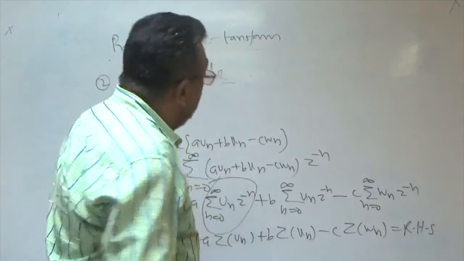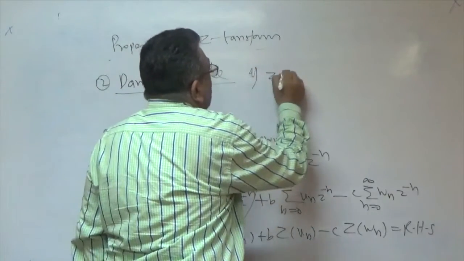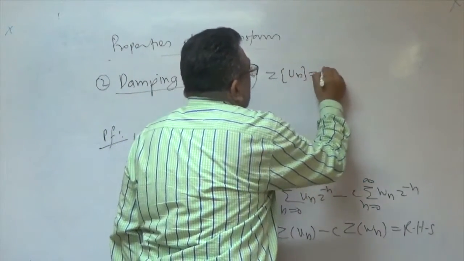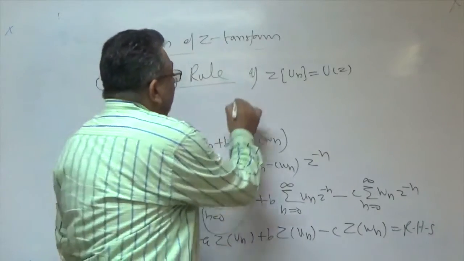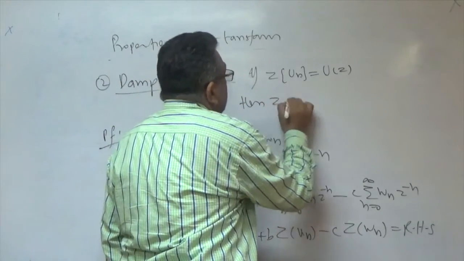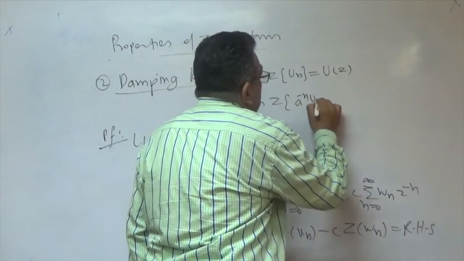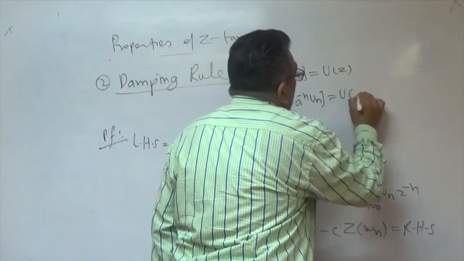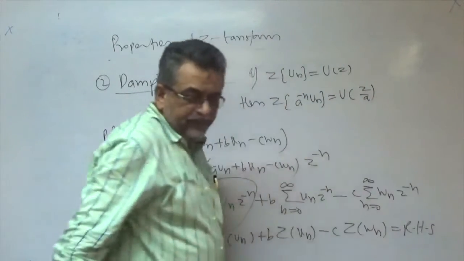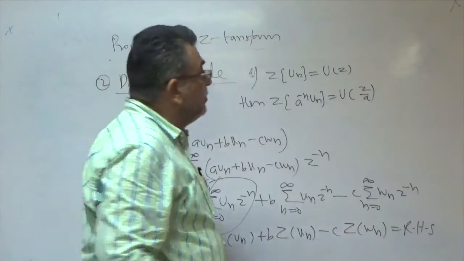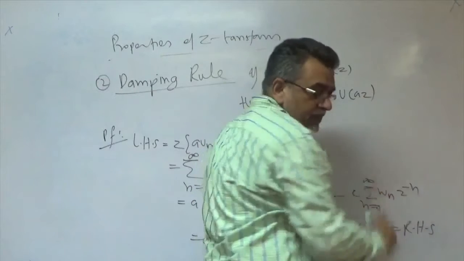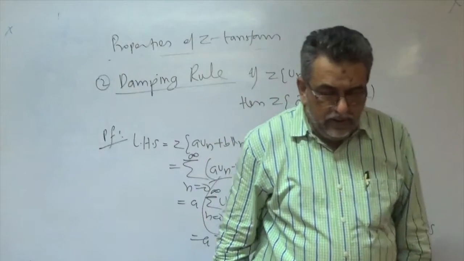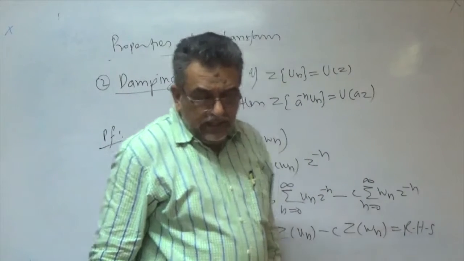If the Z transform of un is equal to u of z, then the Z transform of a to power minus n un is equal to u of z by a. Sorry, a is multiplied. That is a z.